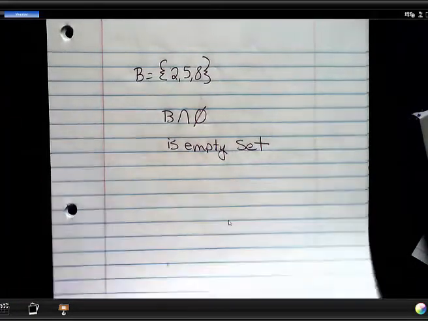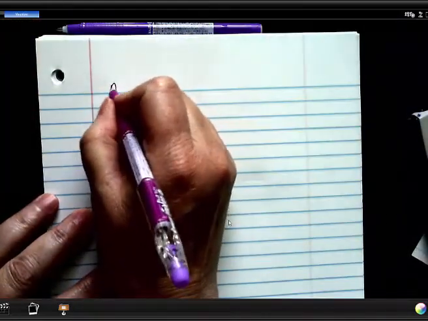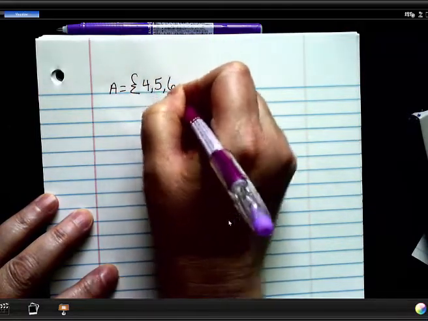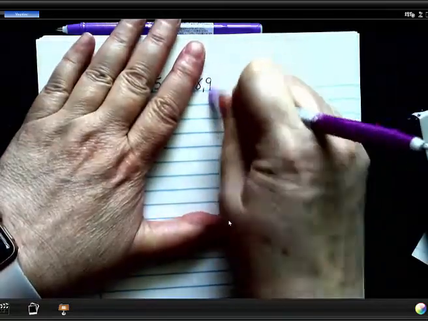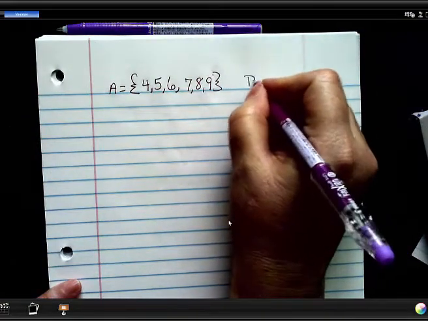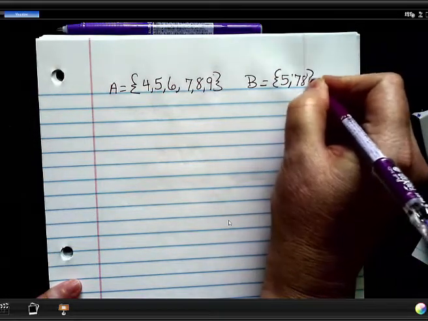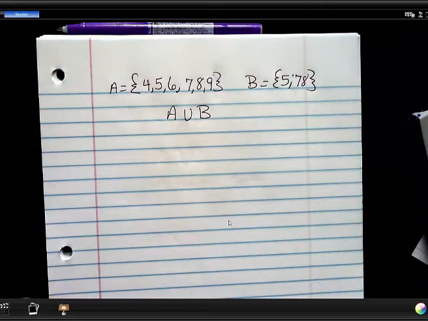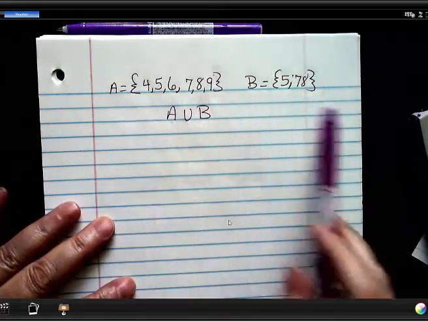All right, let's talk about unions. Let's say that I had this, and I said I wanted a union of A and B. A union is A or B, can be anything.